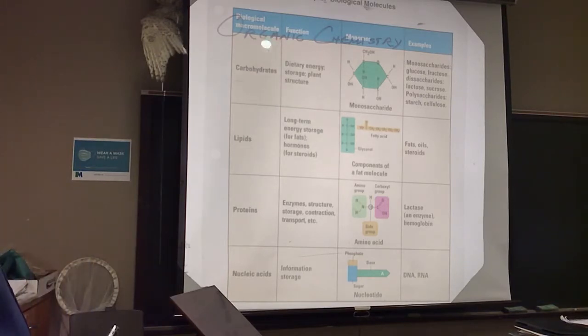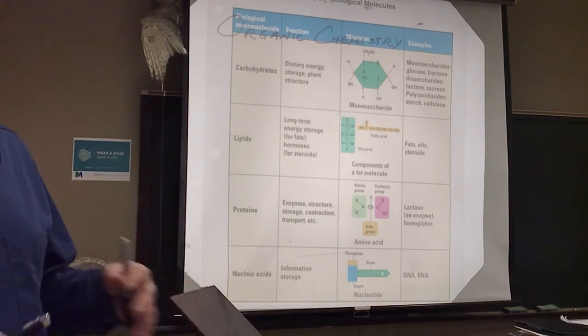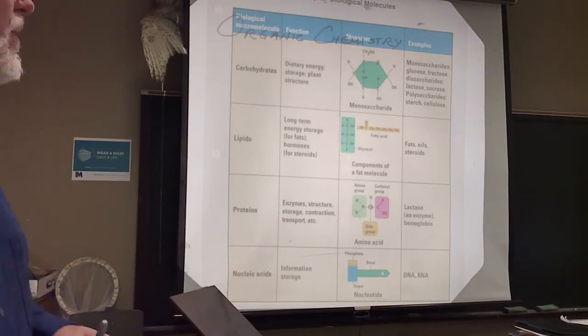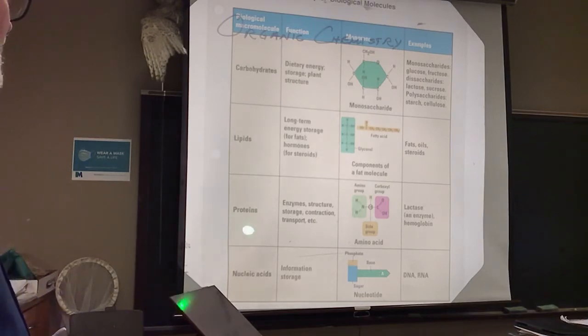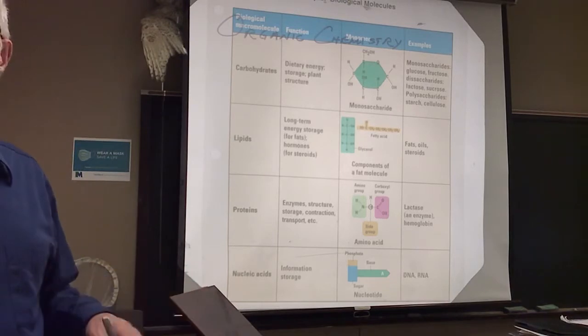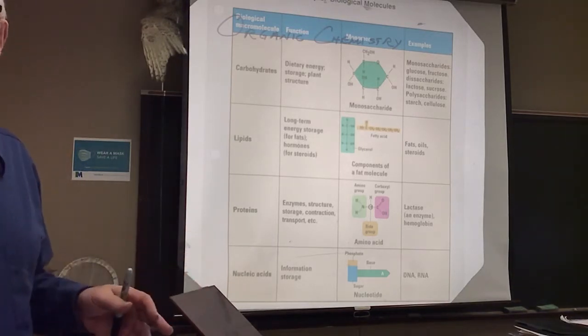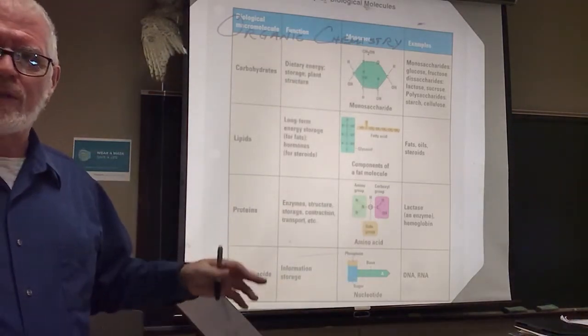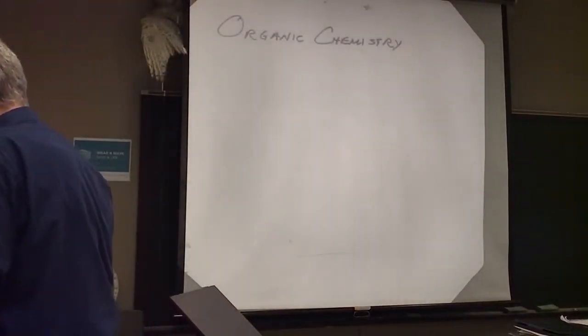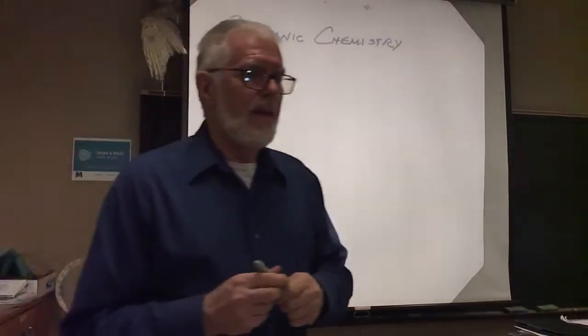So these are little to medium-sized molecules. These are big molecules, and these are big molecules. So we're going to kind of work our way up size-wise. And what I'm going to try to do is do a video for each group so that the videos don't get super long. So we'll start with carbohydrates.